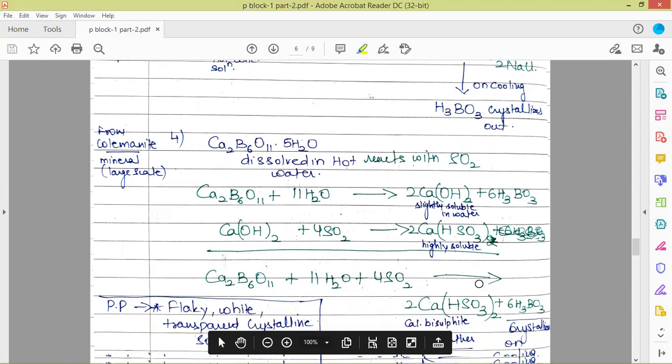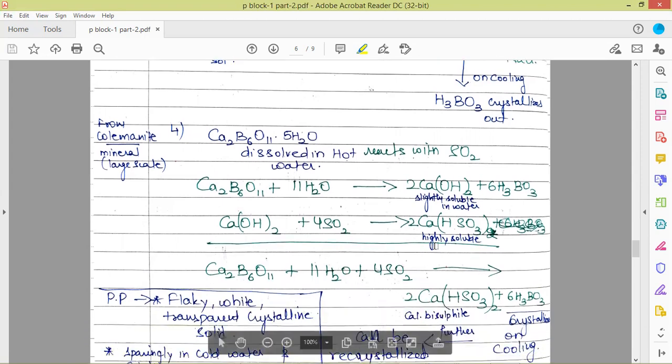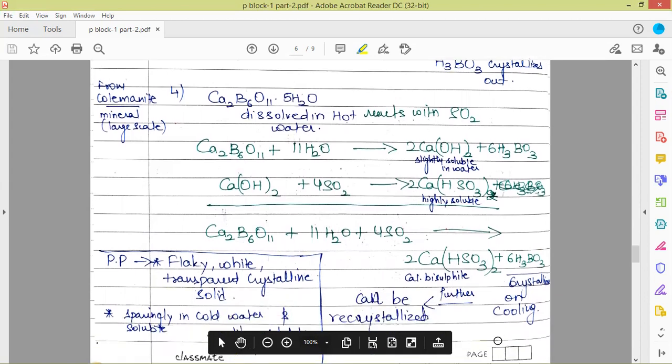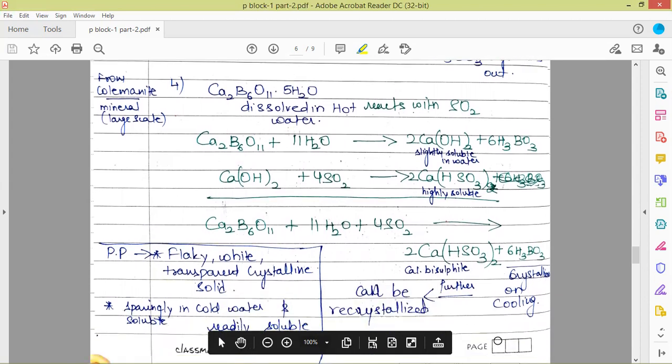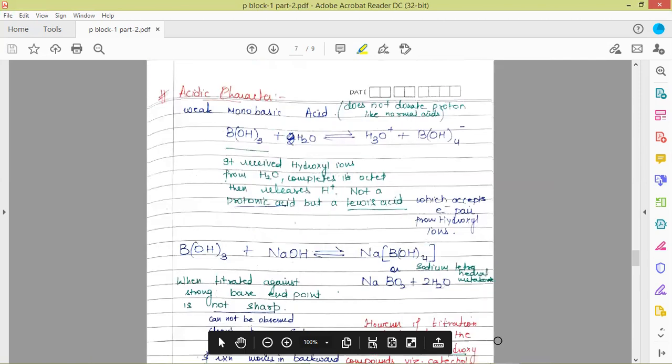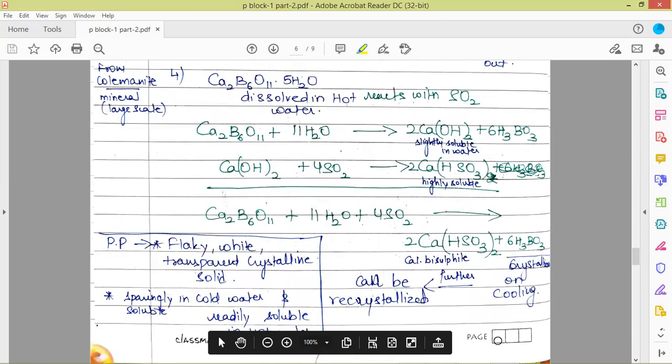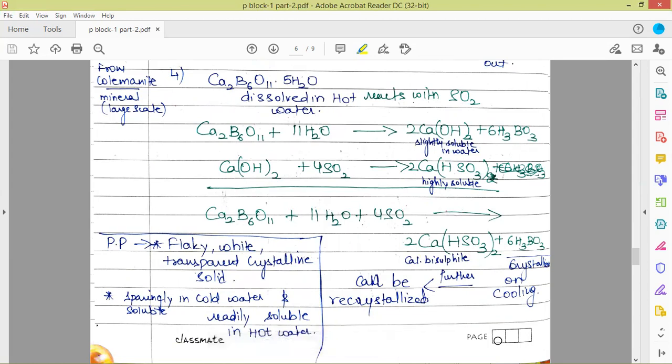So when we cool this mixture, we get calcium bisulfite dissolved in the aqueous medium, and H3BO3 crystallizes out, which can further be recrystallized for purification. This is how boric acid is obtained from colemanite and purified.